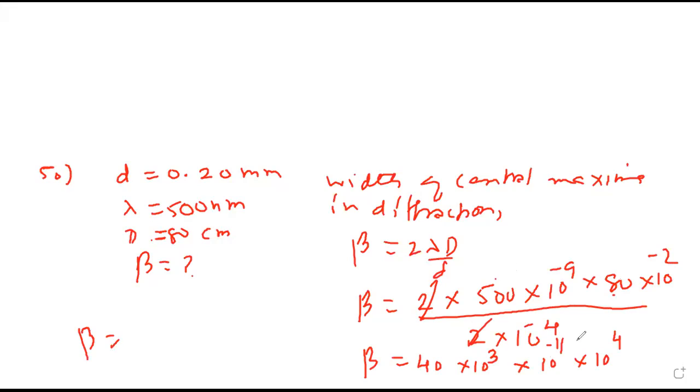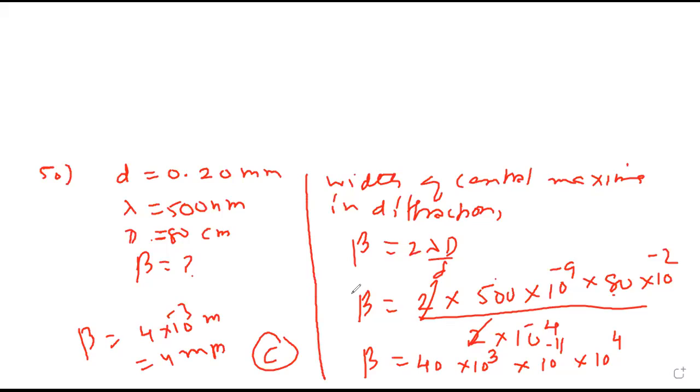So beta equals 4 into 10 raised to minus 3 meter, which is 4 millimeter. Let us check, 4 millimeter, yes, options, 4.